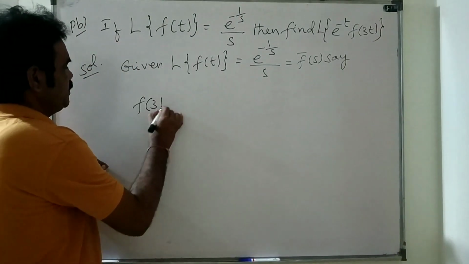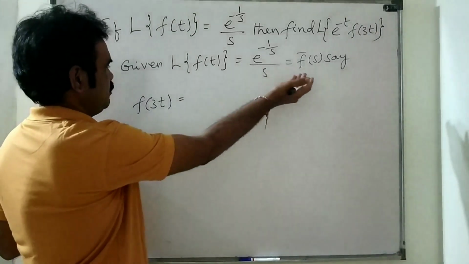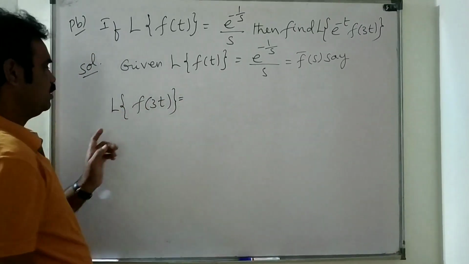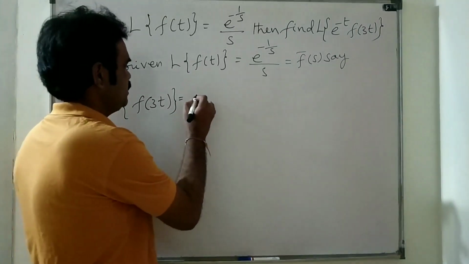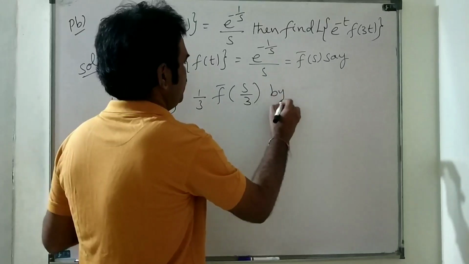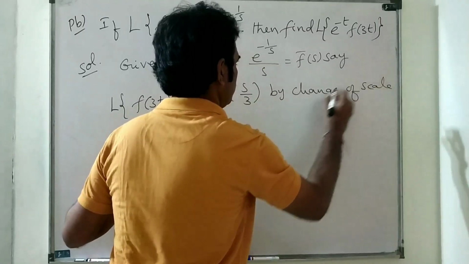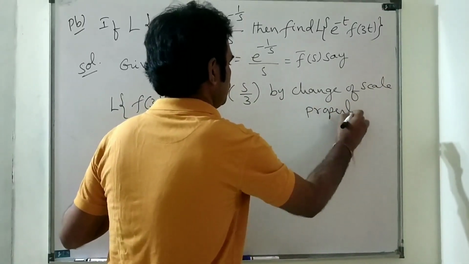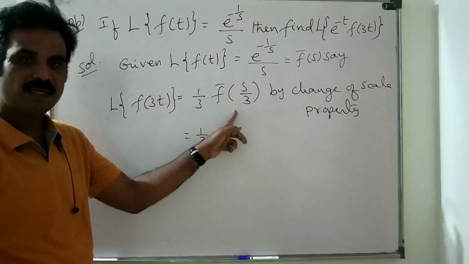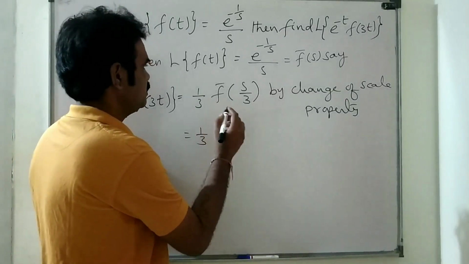F of 3t. You know the Laplace transform of f of t, f bar s. Then the Laplace transform of f of 3t, L of f of 3t is 1 by 3 f bar s by 3 by change of scale property, which means replace s with s by 3 in f bar s, that is e power minus 1 by s.